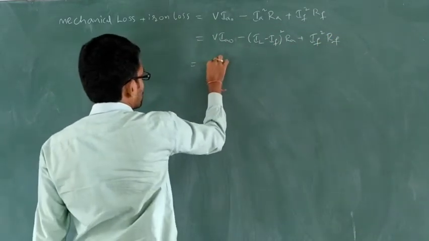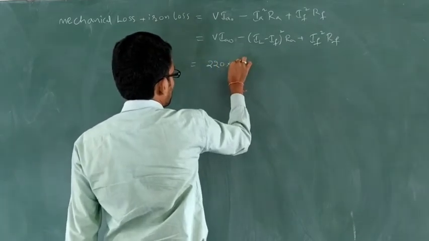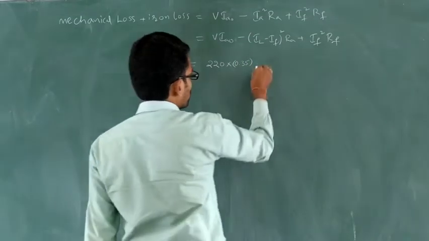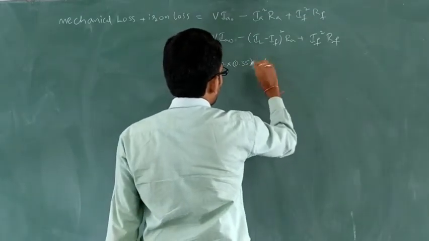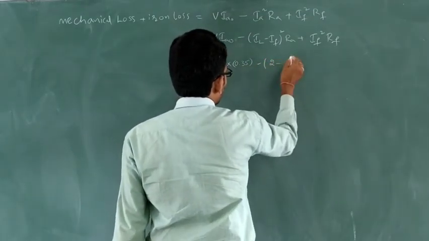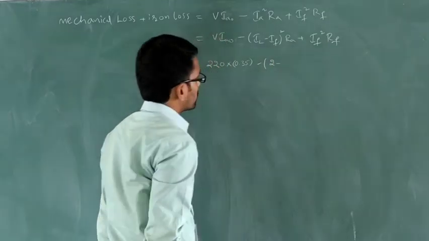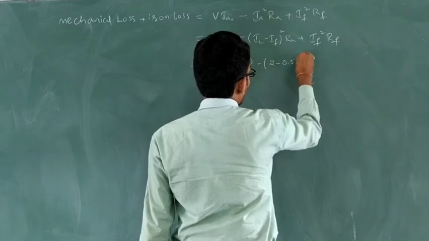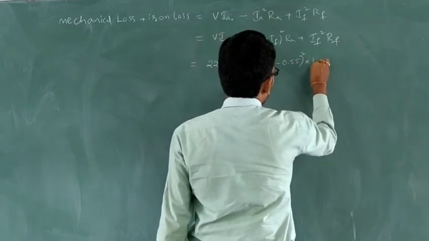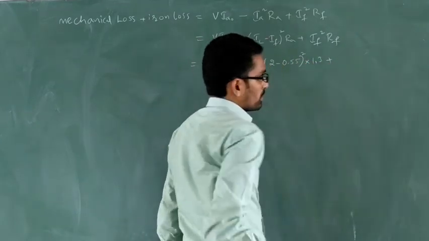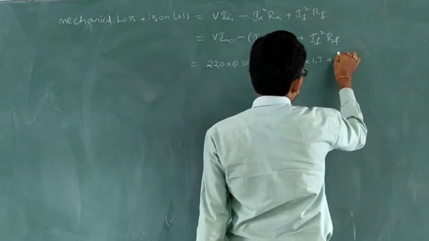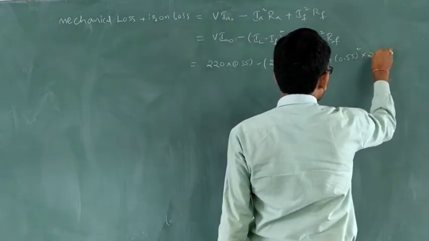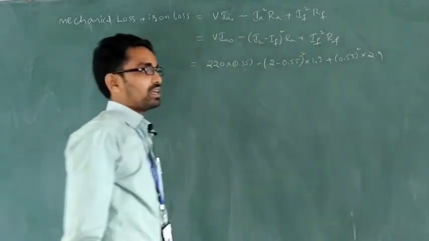So V is 220 volts into 0.35, from the first table we know, and then IL minus 2, minus If, which is 0.55, whole square into Ra, which is 1.3, plus If, 0.55 whole square into 2.9.